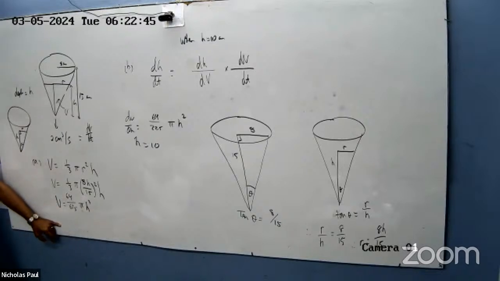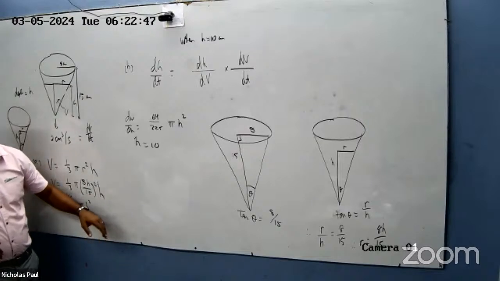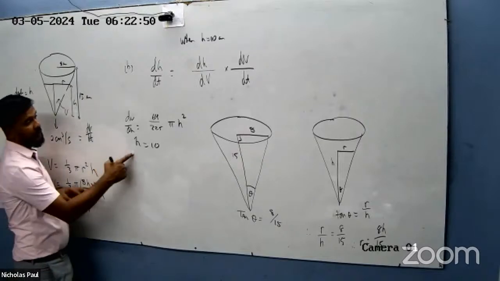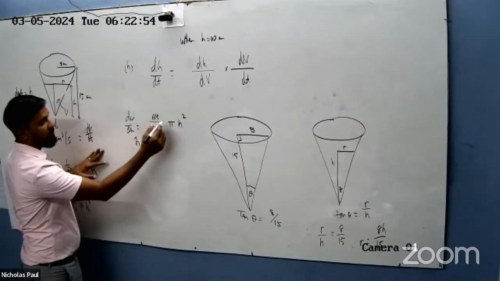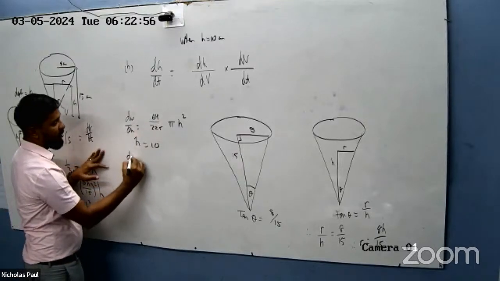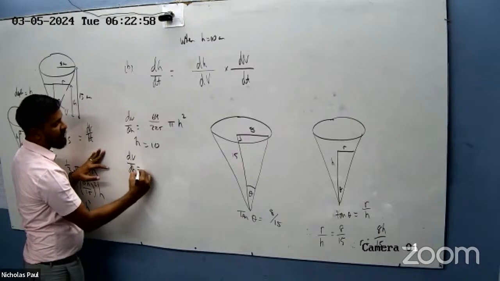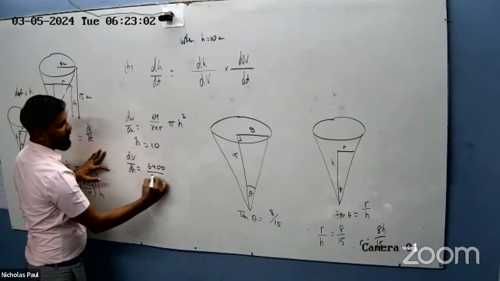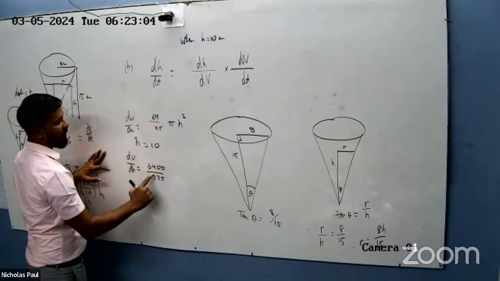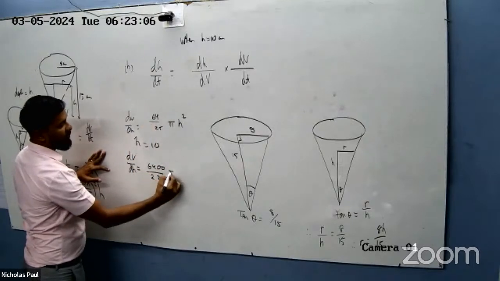So when I substitute, I'll get dh/dt and then I will flip it over. How much is that? So dV/dh is equal to 100 by this 6400 over 225 pi.